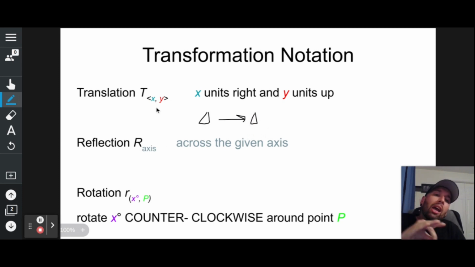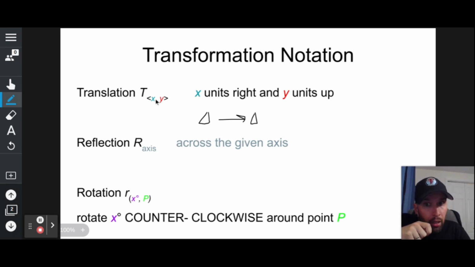Now, the way they tell you how many units you move a shape on a coordinate plane is they use a capital T. They use these little slanted less than greater than symbols and an X and a Y value to tell you how many units you move. The first number that it gives you tells you how many units you move right.